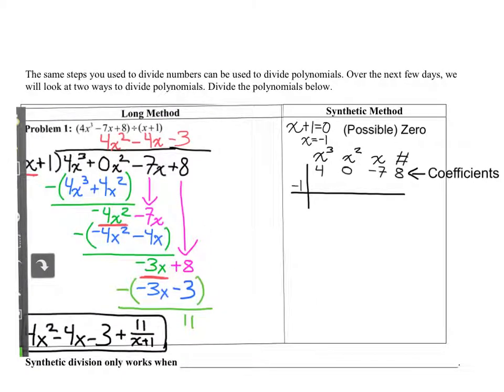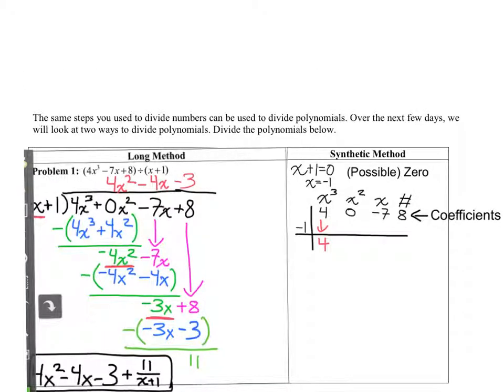Once I have it set up, the synthetic division algorithm begins by bringing down the first number. Notice that because I'm just dividing by x, the coefficient is still going to be the same.